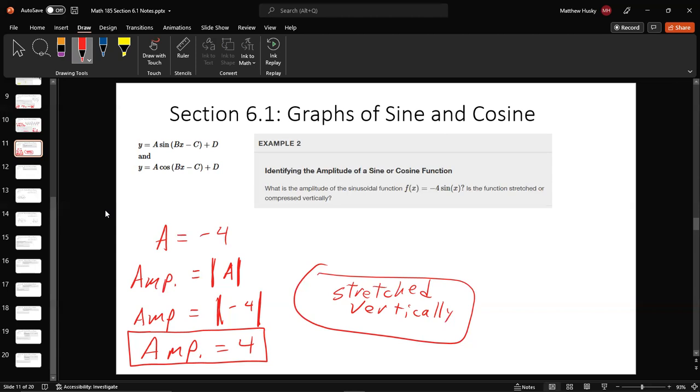Really high notes have a very, very short period, and really, really low notes have a much wider period. And so that's what the period is. It has to do with the pitch of the tone that you're hearing.